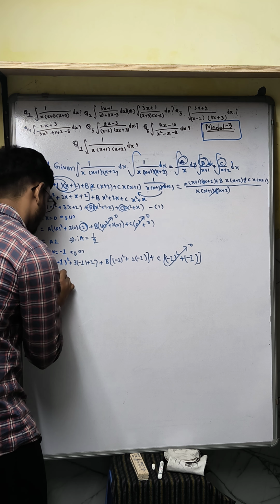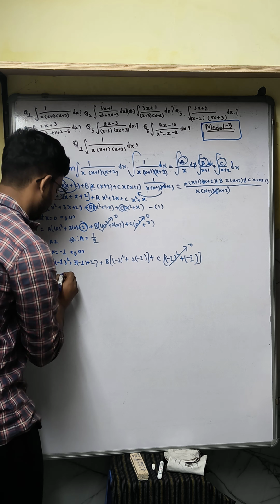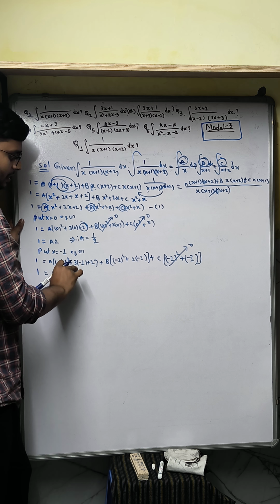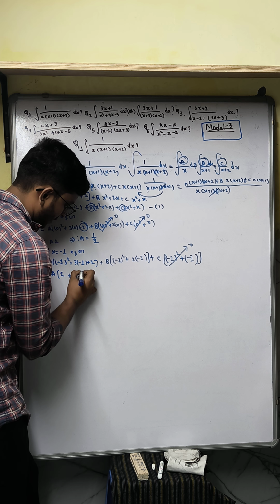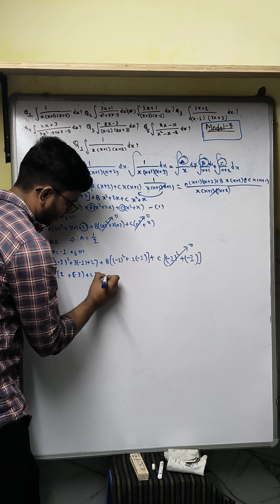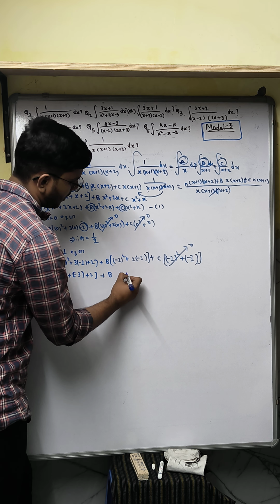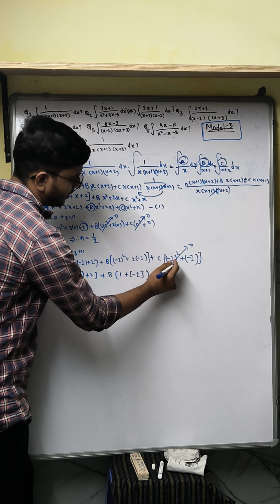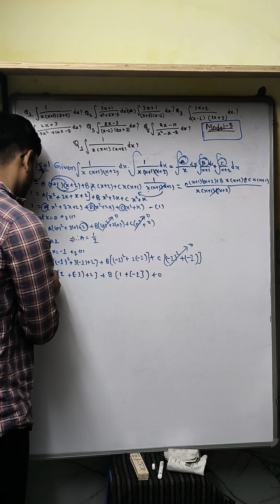1 is equal to a(-1)^2, minus into minus plus. Then this is 1 plus 3 into minus 1, minus 3, plus 2, plus b(-1)^2, 1 plus minus 2. This is 0, okay, 0 into c is 0.